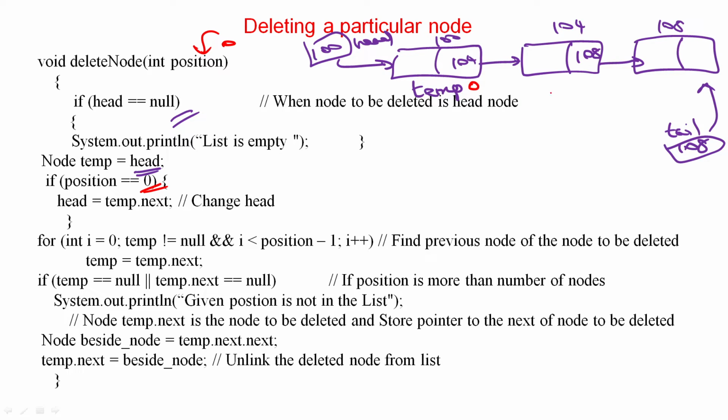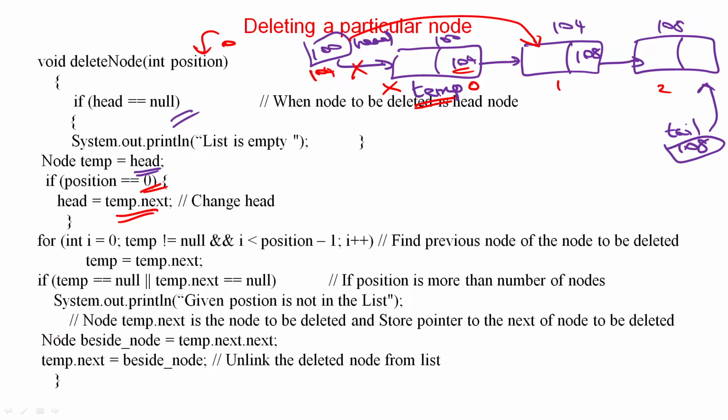This is the 0th node, first node, second node, like this. If position is 0, then this node has to be deleted. Temporary dot next is 104, so 104 will be updated in the head, so this link will be created and this one will be broken. That is what is given here.